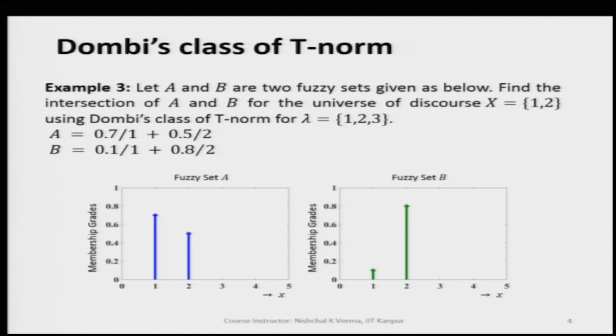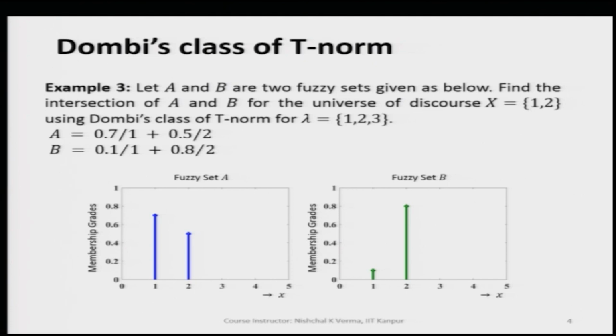If we take an example where we have two fuzzy sets A and B, in this case discrete fuzzy sets, then let us use Dombi's class of T norm for the intersection of A and B, under the universe of discourse capital X equal to 1 and 2.